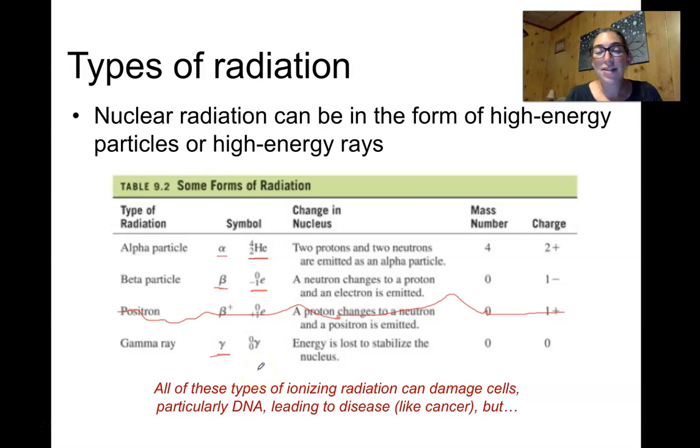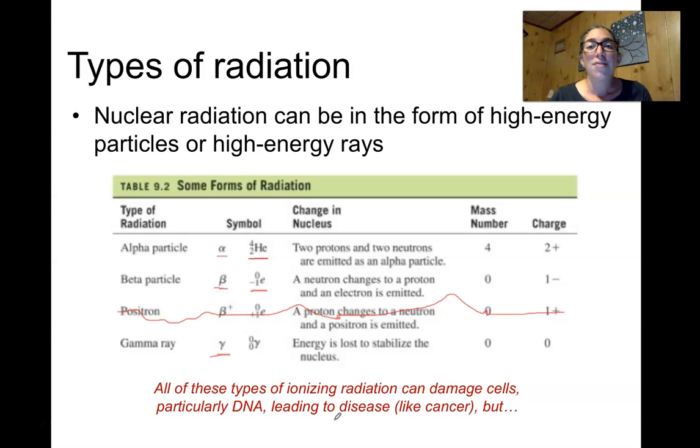All 3 of these different types of radiation are what we call ionizing radiation. The energy of the particles or of the emissions can damage things like DNA or cell membranes, and that can lead to disease.